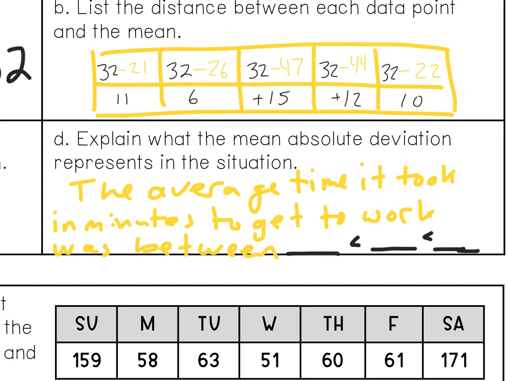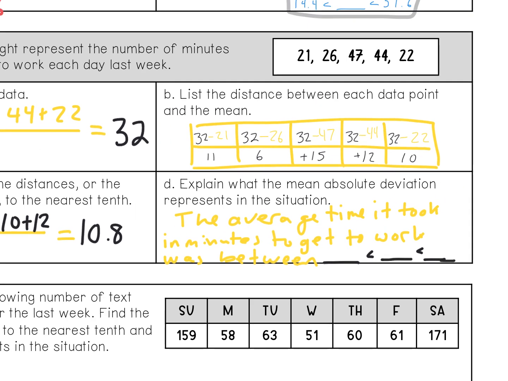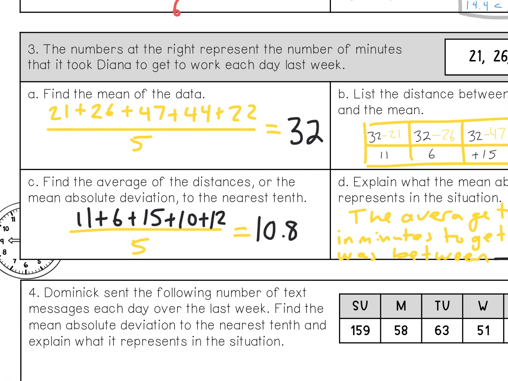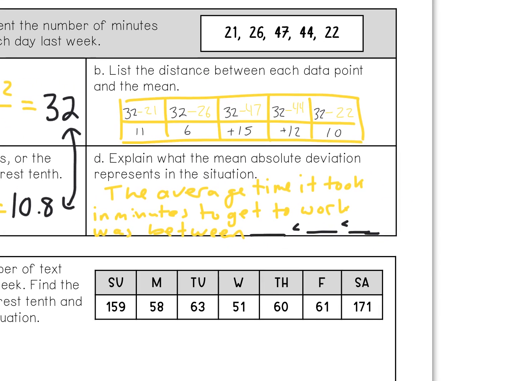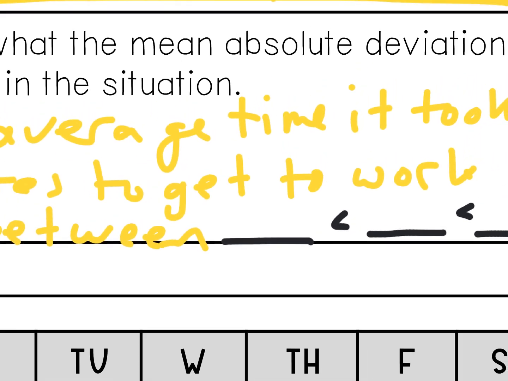Okay, the average time it took in minutes to get to work was between what and what? So what can I do with these two values to give me a between? I can take 32 minus 10.8. What's 32 minus 10.8? 21.2.